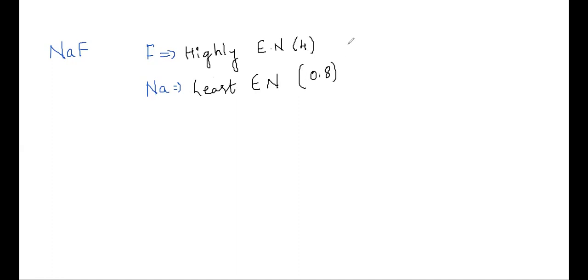So now if I check the electronegativity difference between these two, how much am I going to get? 3.2. Okay, so 3.2, and what is the condition we have? If the difference in electronegativity between two elements exceeds 1.7, then what is the nature of the bond?